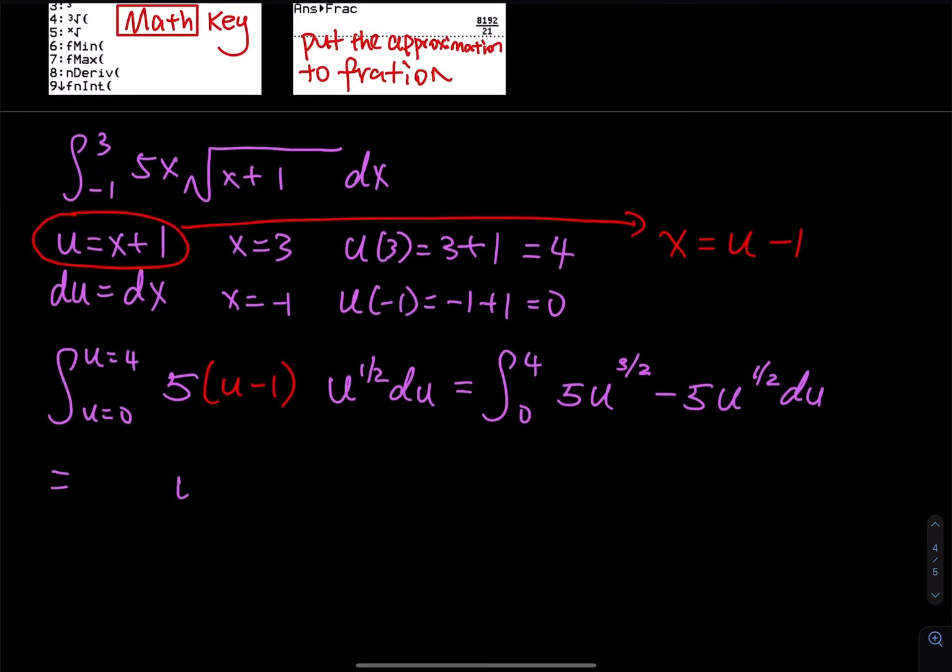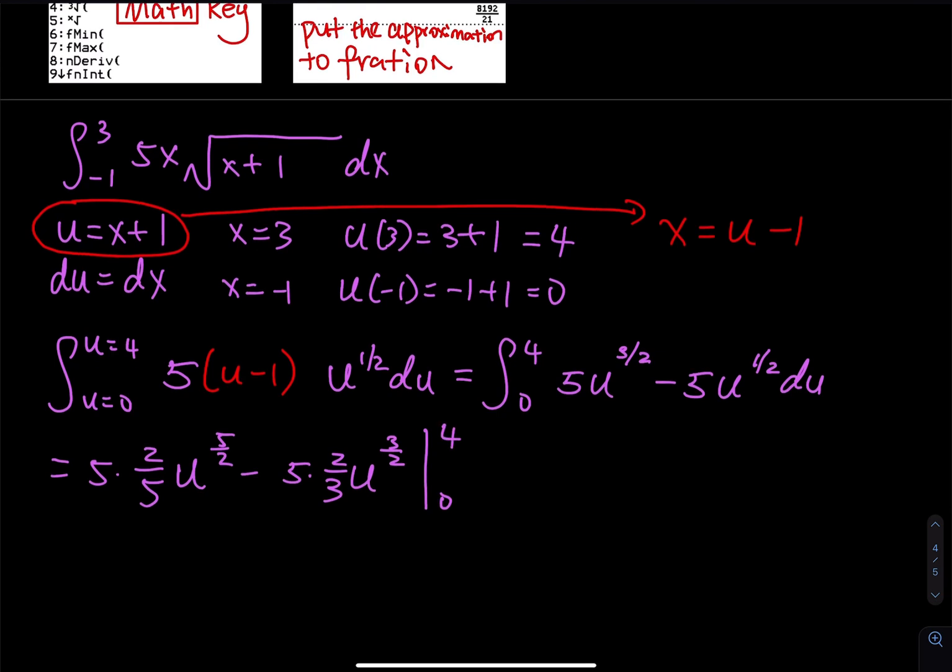So you have u to the 3 over 2 plus 1, which is 5 over 2, and the reciprocal is 2 over 5. You have a 5 in front. And then for u to the 1/2 plus 1, 3 over 2, the reciprocal is 2 over 3. You have 5 in front, from 0 to 4.